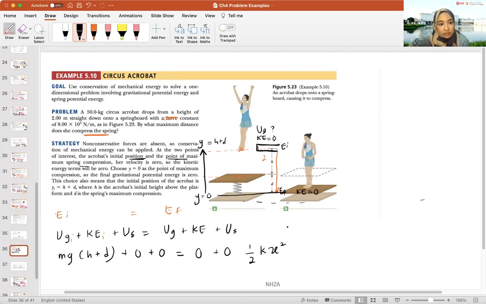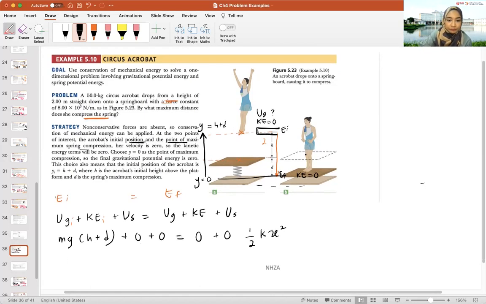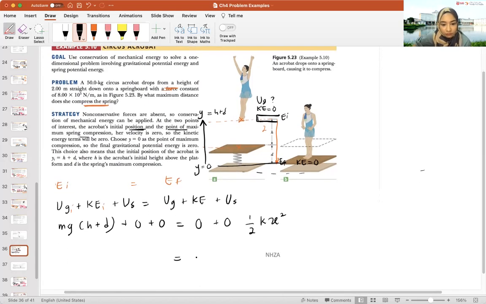So if k is 8,000, what is our x value here? What is our x value? Anyone? No one? So 50 kilogram. What is our x value?